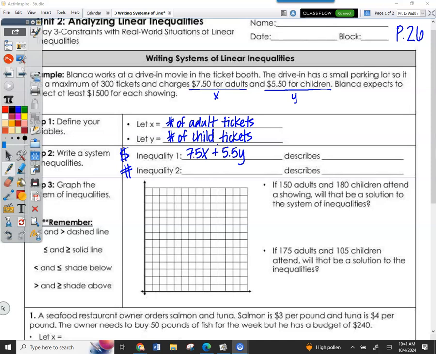It says she's expecting to collect at least, which means, can she collect 1,500? Yes. Wait a minute. She wants to go over, like she can go, so greater than or equal to.